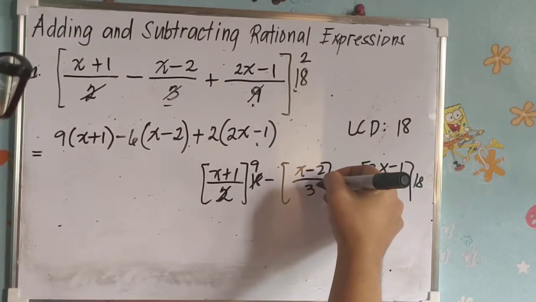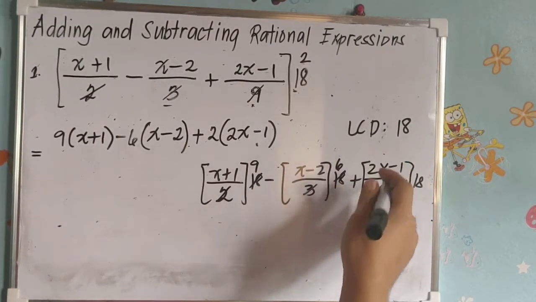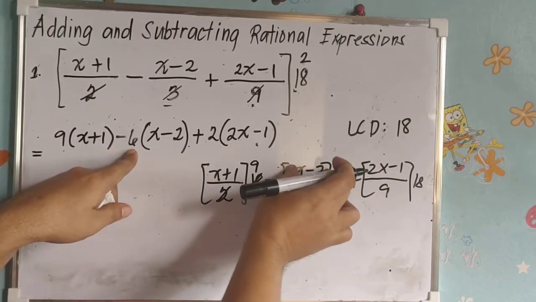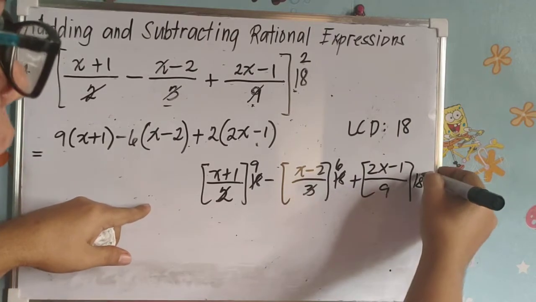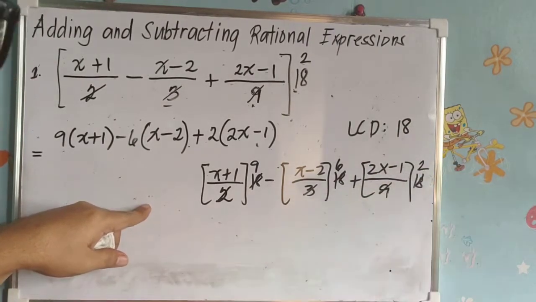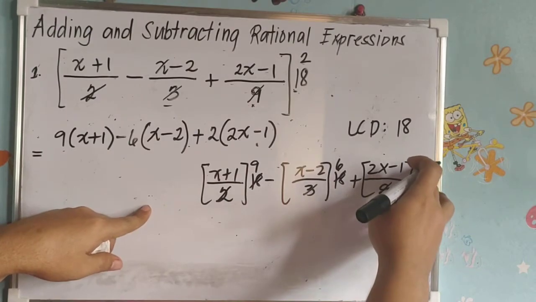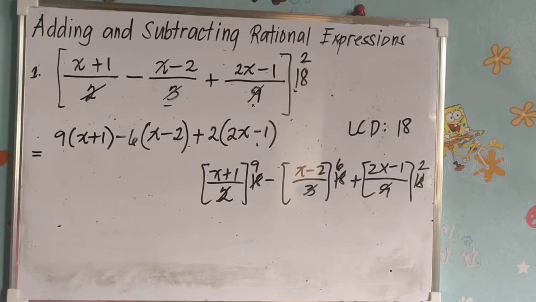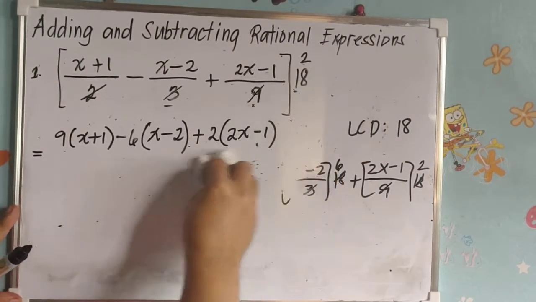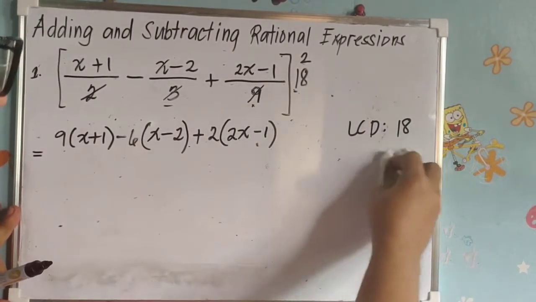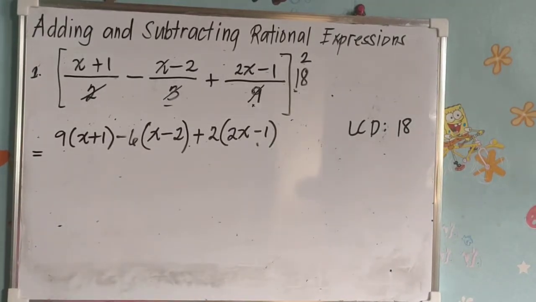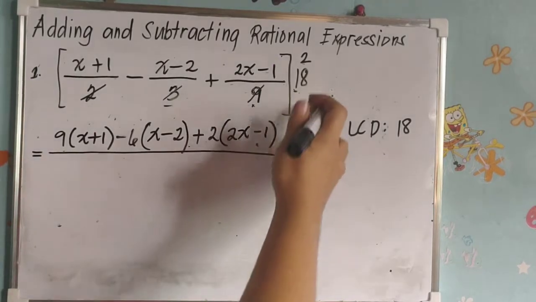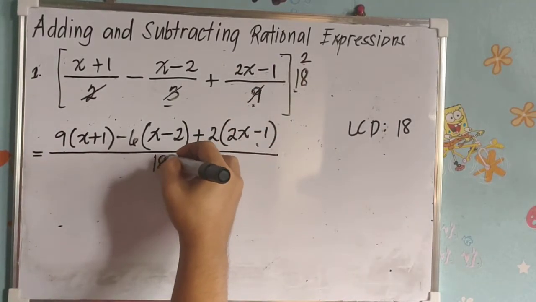And 18 divided by 3 is 6, so we have negative 6 times the quantity x minus 2. And then 18 divided by 9, remaining factor is 2, and then 2 times the quantity 2x minus 1. Okay, that's it. And of course, all over the LCD, which is 18.